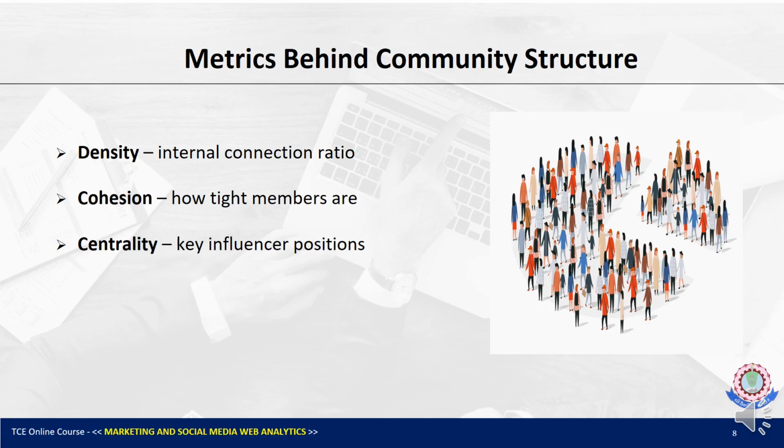Centrality identifies influencers. Degree centrality shows who connects most. Betweenness shows who bridges groups. Closeness shows who receives information fast. These metrics reveal not only who belongs in a community but who leads it.